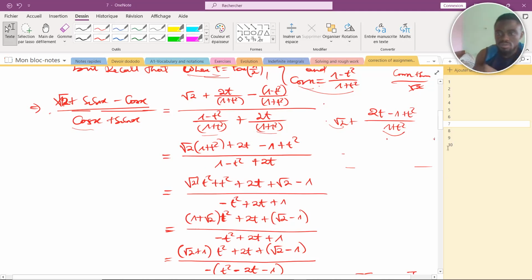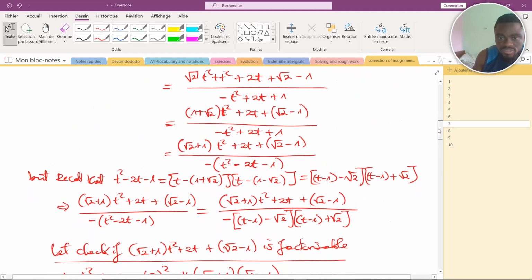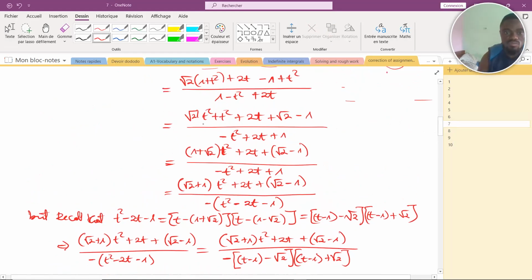Now, this will be this. Is that okay? Perfect. Reaching this level, let me drag this down. Okay, at this level, I'll factorize, I'll make t squared the subject here. So I'll have this plus this all over this. So you see that this is root 2 minus 1.